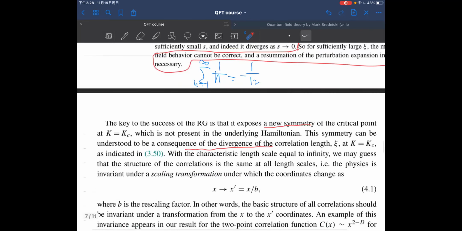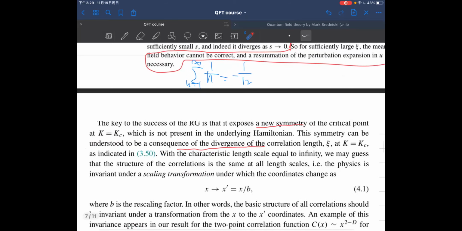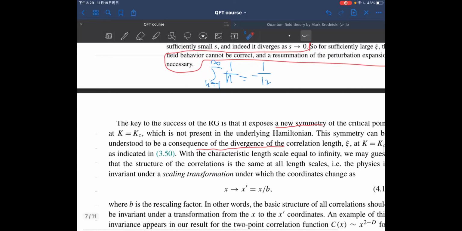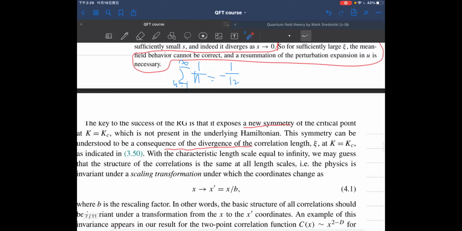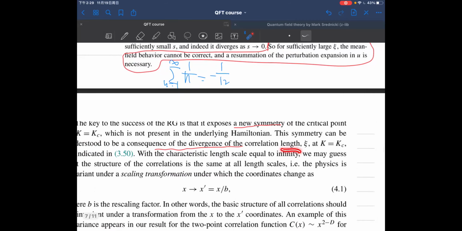We need to notice that there is a new symmetry at the critical point at K_c. This is not represented in the underlying Hamiltonian. Maybe you can understand this symmetry as a consequence of the divergence of the correlation length.